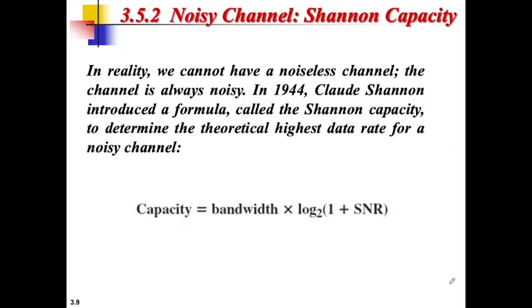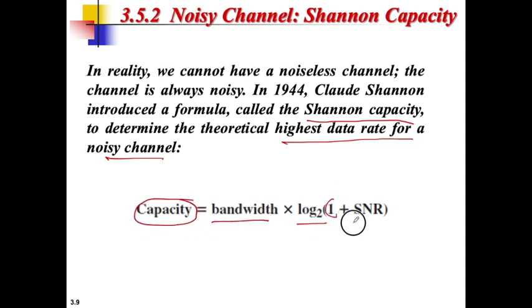So in reality, in 1944, Claude Shannon introduced a formula which is called the Shannon capacity to determine the theoretical highest data rate for a noisy channel. Okay, that means now we are considering the noise factor. So the Shannon capacity formula was the capacity of a channel is bandwidth into log 2 base 1 plus signal to noise ratio.